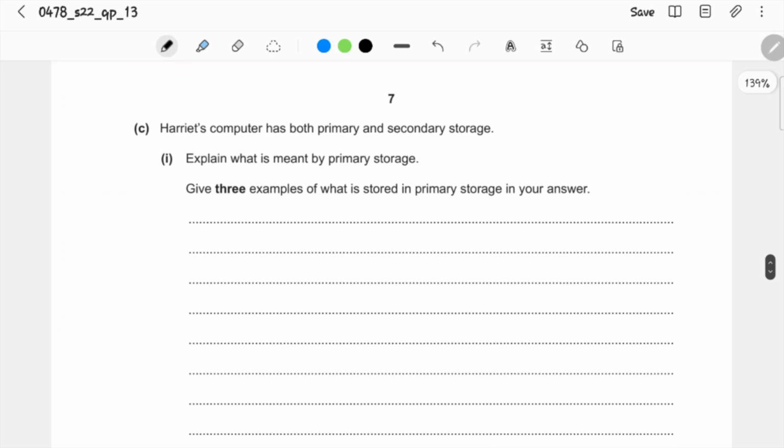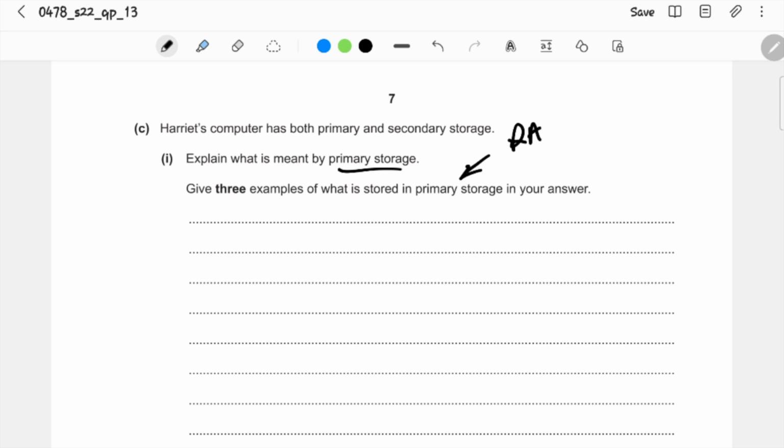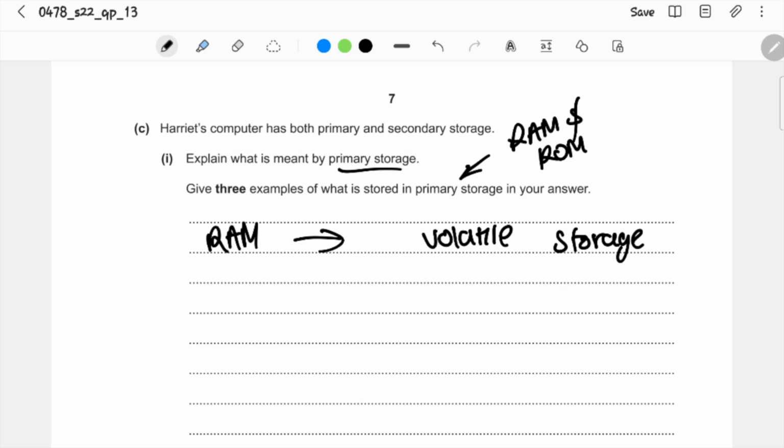Explain what is meant by primary storage. Give 3 examples of what is stored in primary storage. Now, primary storage, we have RAM and ROM, right? You can just explain RAM. So RAM is a volatile storage. Now, please don't structure it the way I am right now.